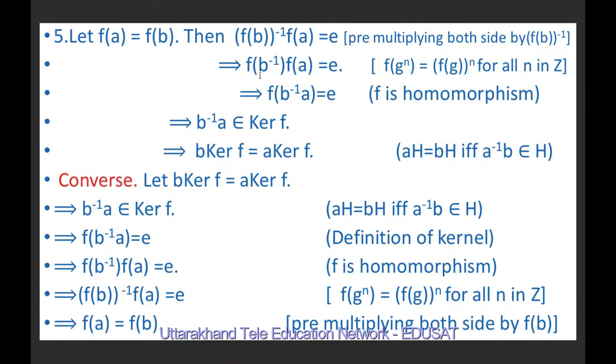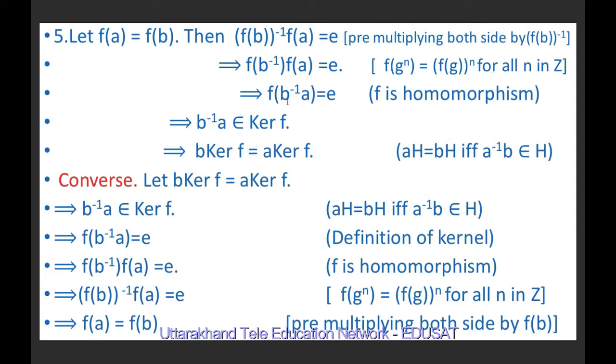It means f(b)^-1 into f(a) is equal to E. Here f(b) into f(b)^-1 is the identity element. We have multiplied by f(b)^-1, so on the right hand side f(b) into f(b)^-1 is the identity element, and f(b^-1) is f(b)^-1 by this property, f(g^n) equal to f(g)^n for all integers.